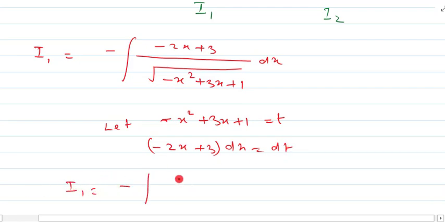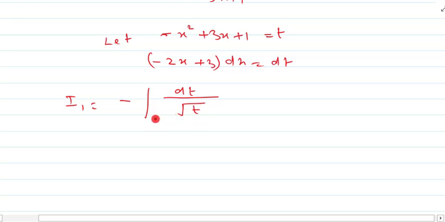upon root t. And now because inside the root it is a linear polynomial, and we know that if there is any power of a linear polynomial, it always follows the simple polynomial rule, meaning adding 1 to the power and dividing by the increased power. The same formula will apply here. So after applying that, we will be having t power 1 upon 2 upon 1 upon 2 plus, let me name this constant as c1. Now let us replace this t again with the original term, that is minus x square plus 3x plus 1.